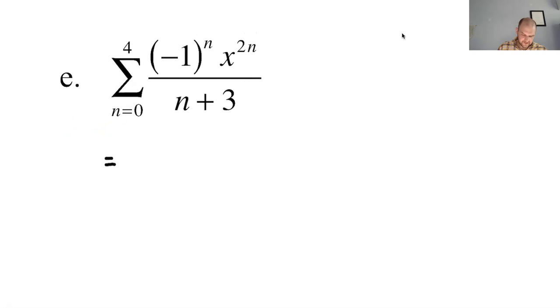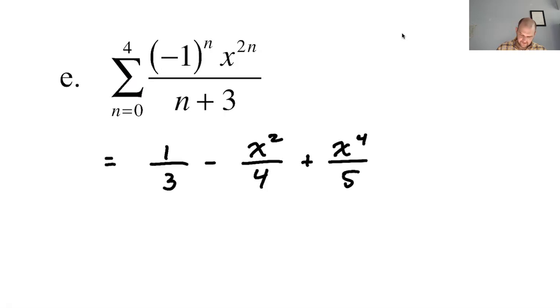So -1 to the 0 is +1. Then you get x to the 0, and then over 0 plus 3. Now when n is 1, you get -1 to the first, which is negative. You get x to the second, and then over 4. So that was 1. When n is 2, you're going to get -1 to the second is positive, x to the fourth over 5.